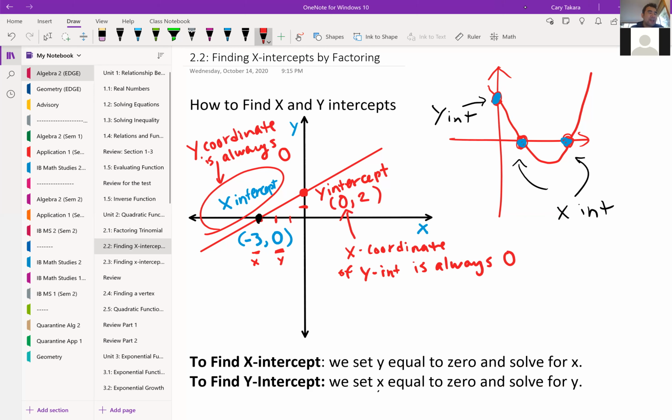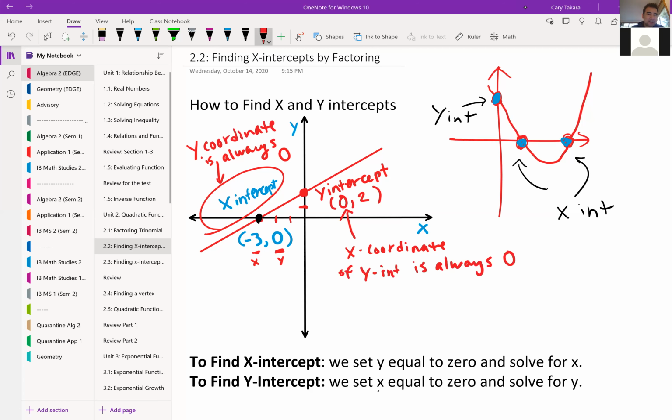And for the x-intercept, the y coordinate is always 0. It's pretty obvious, I guess, right? Hopefully.